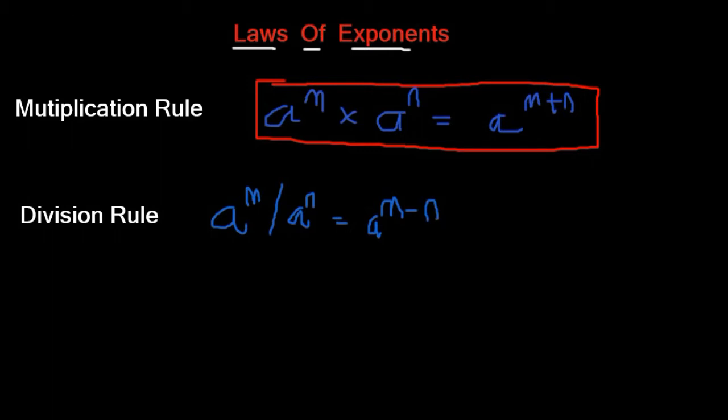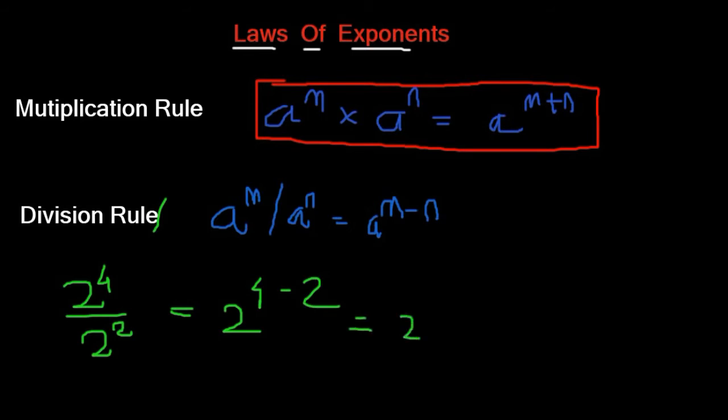So this rule is exactly opposite to the multiplication rule. Now let's look at an example. Let's take 2 power 4 divided by 2 square. According to this division rule, we can say 2 power 4 minus 2, so 2 power 2. So this is the division rule.